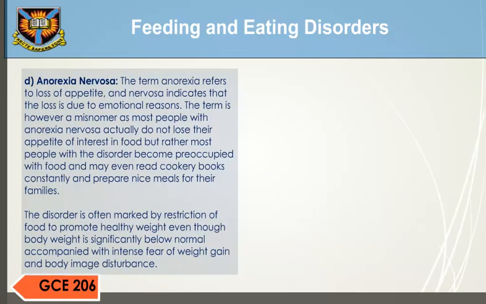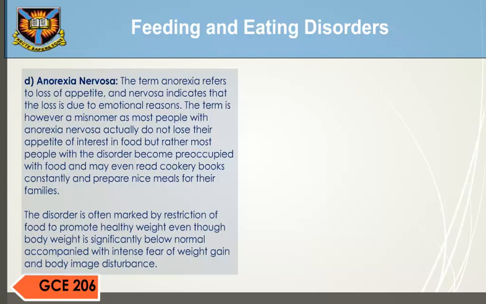D. Anorexia nervosa. The term anorexia refers to loss of appetite, and nervosa indicates that the loss is due to emotional reasons. The term is, however, a misnomer, as most people with anorexia nervosa actually do not lose their appetite or interest in food, but rather become preoccupied with food and may even read cookery books constantly and prepare nice meals for their families.